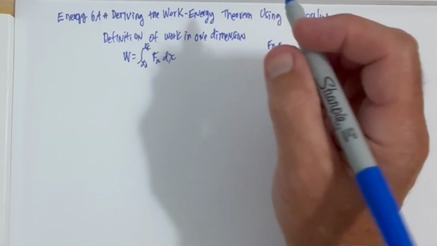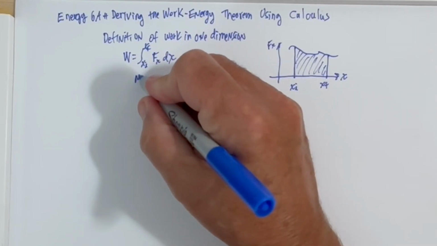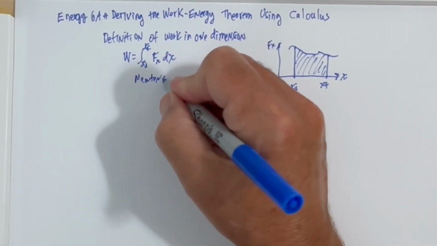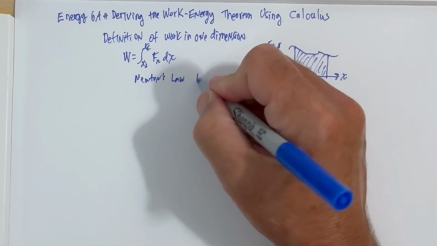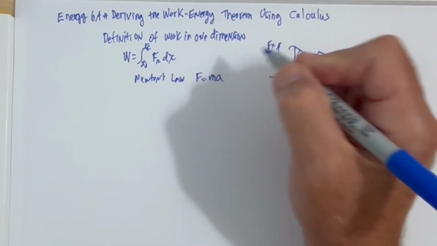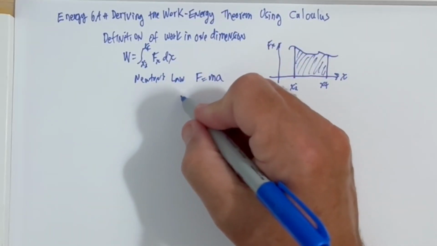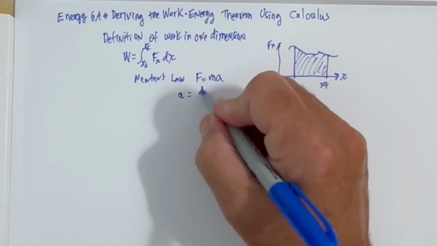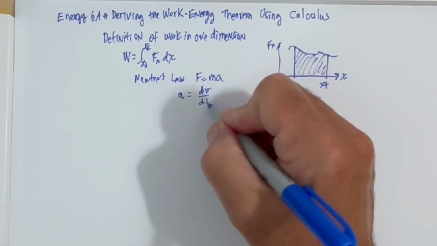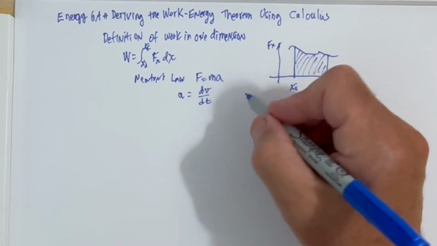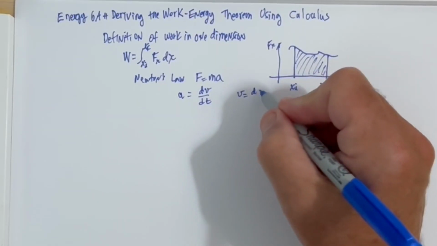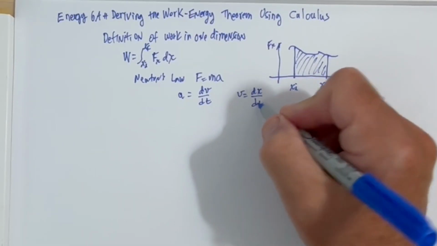So now to derive the work-energy theorem, we're going to use Newton's second law, F is equal to ma, and we know that the acceleration is the derivative of the velocity with respect to time, and we also know the velocity is the derivative of the position with respect to time.